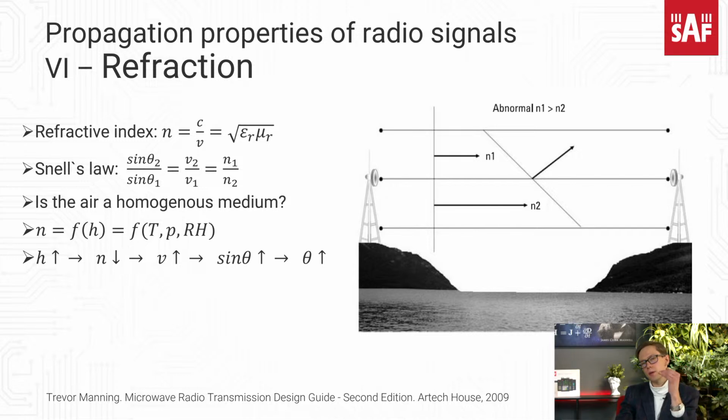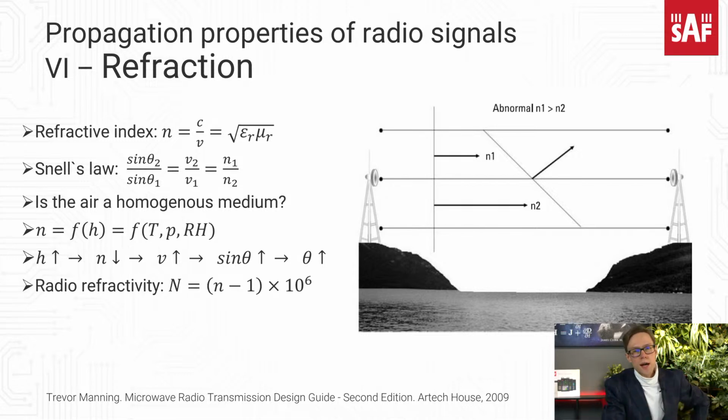Then our signal is going to be bent upwards, which is not natural, and in that case we can experience larger diffraction losses. This case is not as frequent as the previous one, but it could happen in different parts of the world and for some small fraction of the annual time, and sometimes it also causes problems for microwave communications.